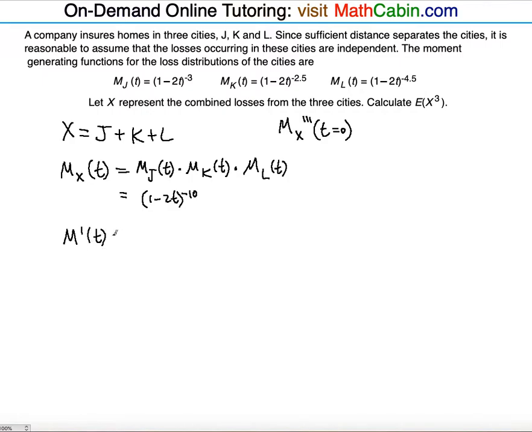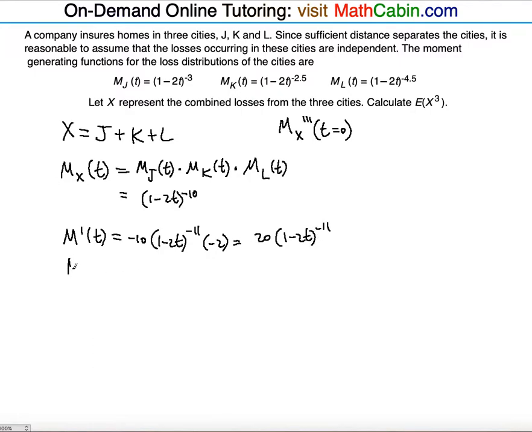So what is the first derivative? The negative 10 comes down, the power decreases by 1, and then we multiply by the derivative of the inside. So that's going to be 20 times (1 minus 2t) to the negative 11.